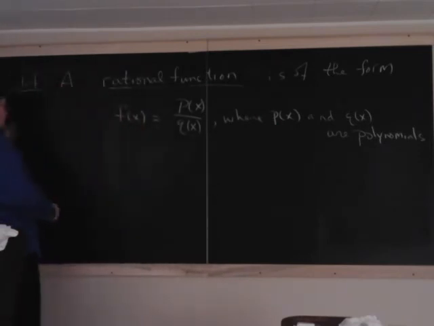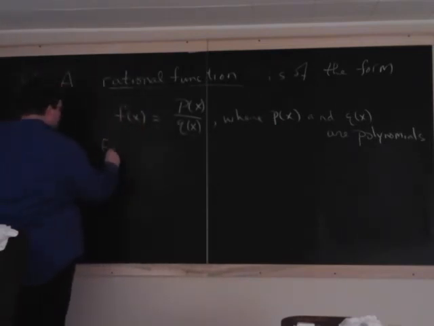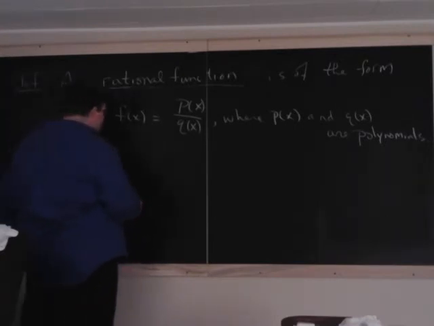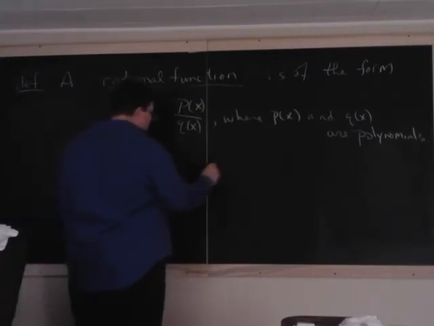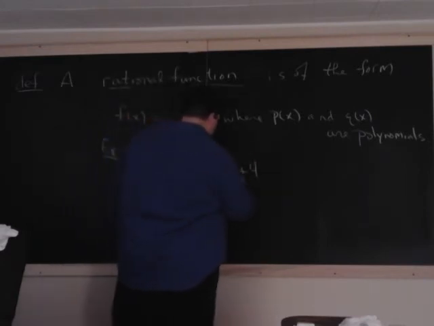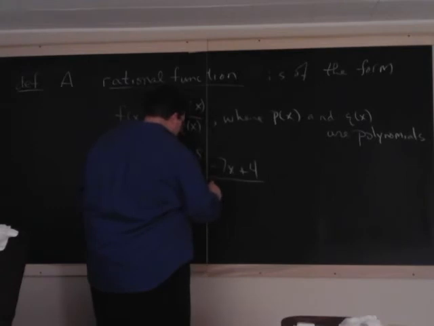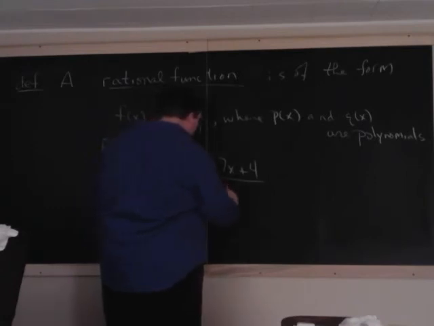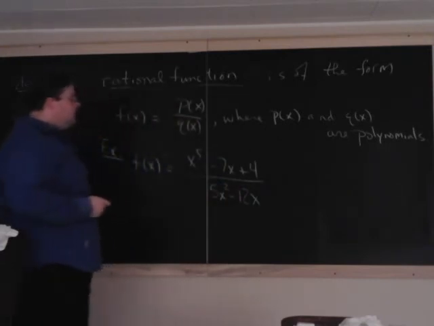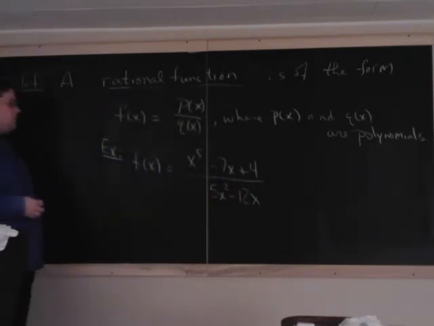So a couple examples. This will illustrate some polynomials as well. So examples, f of x equals what? How about x to the 5th minus 7x plus 4 over 5x squared minus 12x. There's an example of a rational function.